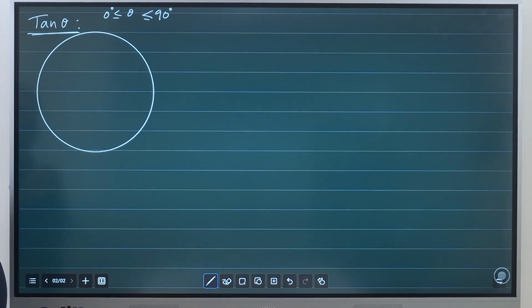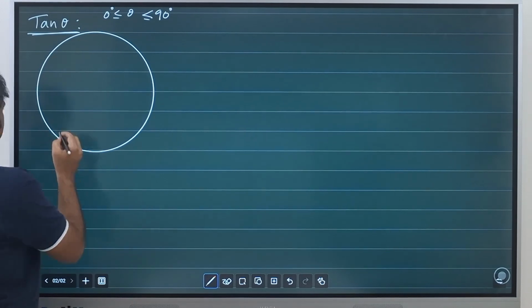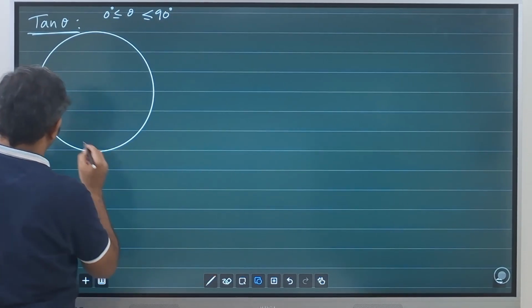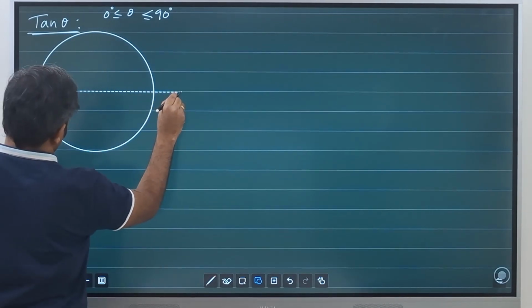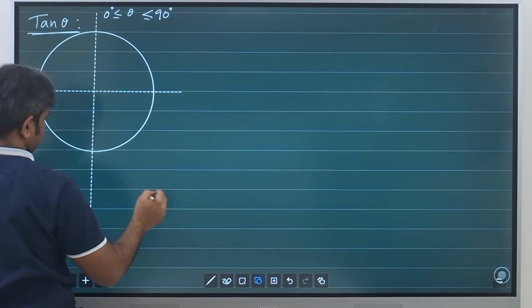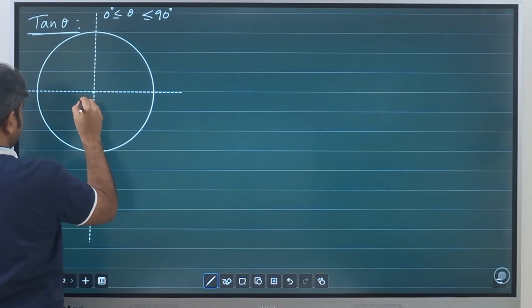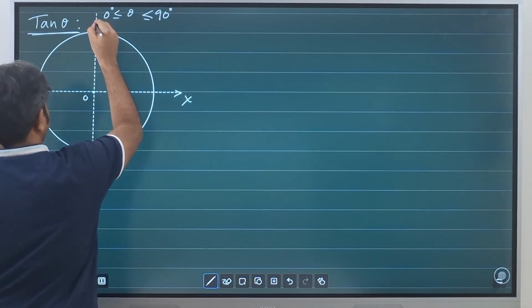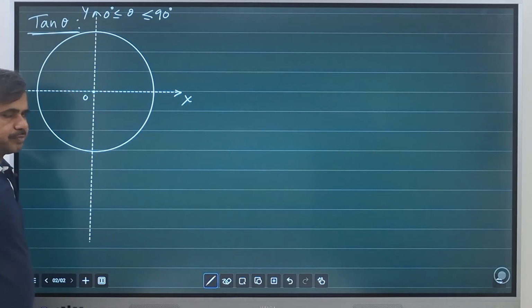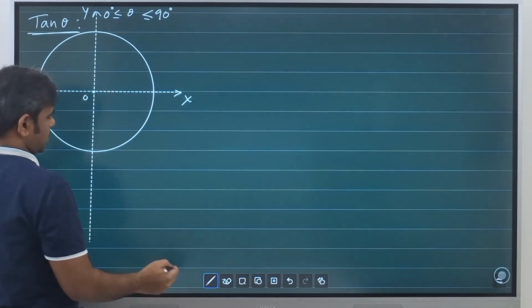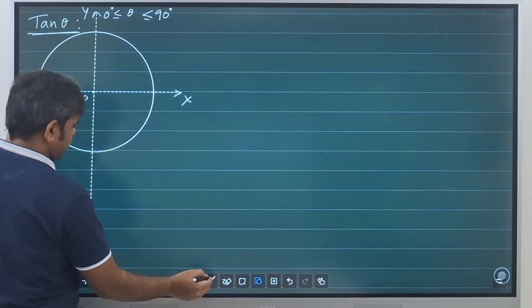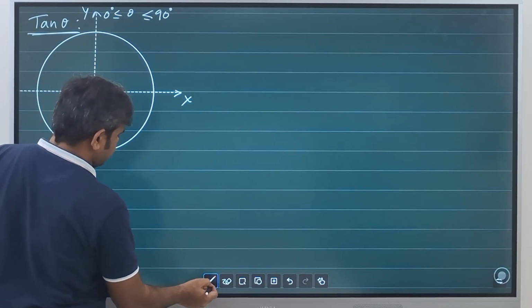Between 0 degrees and 90 degrees, let's discuss how tan theta changes as angle theta changes. So draw the x-axis, y-axis, take the center of the circle at the origin. Draw a right angle triangle in the first quadrant.